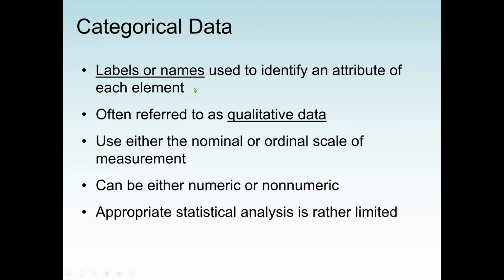Categorical data is almost the same as nominal data. As we said earlier, it's often referred to as qualitative data. So you can use either the nominal or ordinal scale of measurement, and that's qualitative. It can be either numeric or non-numeric, as we saw in the example of a zip code or employee ID, which is categorical data that is numeric.